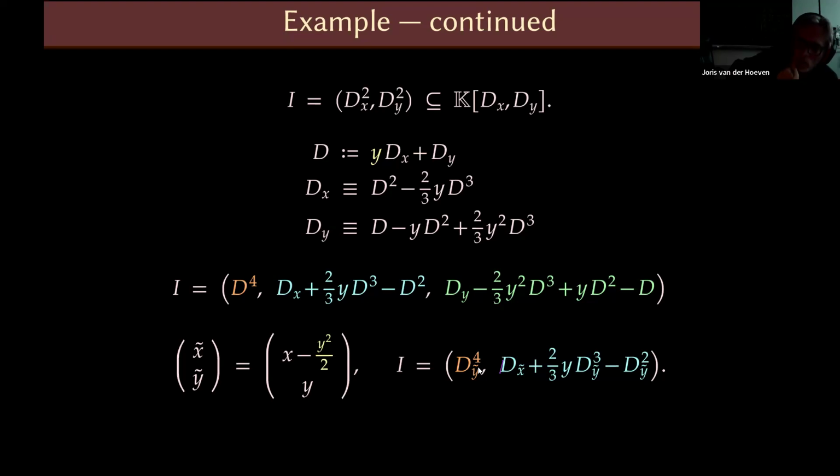I think that is not really how it works here. But definitely a factorization of this operator will introduce nice factorizations of the ideal I. That for sure.